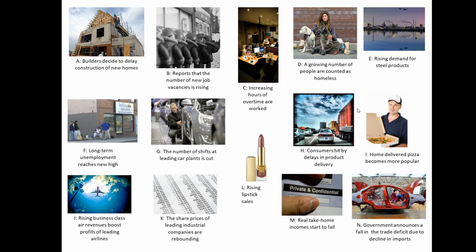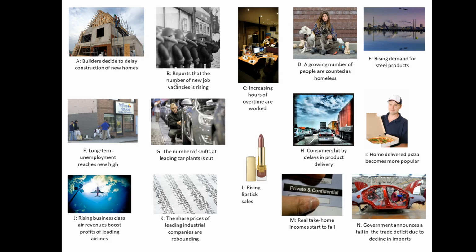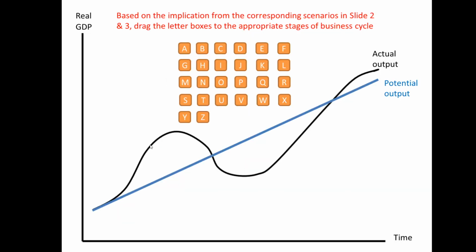You have so many different scenarios, and what you have to do is put the corresponding cases into the appropriate stages in a business cycle. It's a very simple task. It's just matching.